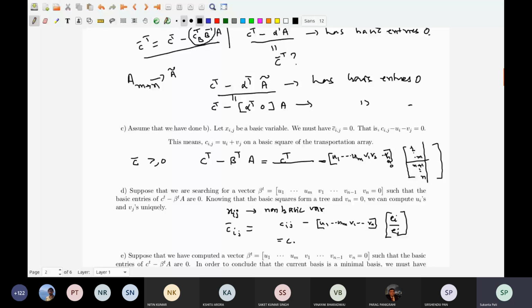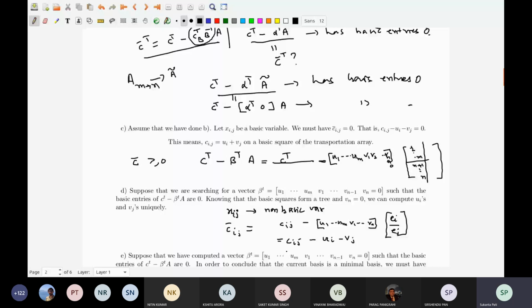Okay, so the moment you have got your magical beta with Vn equal to 0, then what is the relative cost for a non-basic variable? In fact, even for a basic variable, this is also true, that C bar ij is equal to Cij minus ui minus vj.